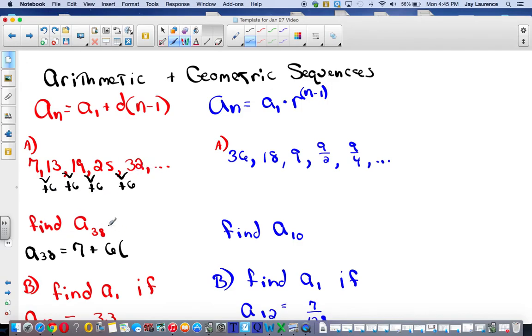What's n? Well, it's 38. So I'm going to get 38 minus 1, which is 37. So I'm going to do that on my calculator. A sub 38 is going to equal 7 plus 6 times 37, which is 229.